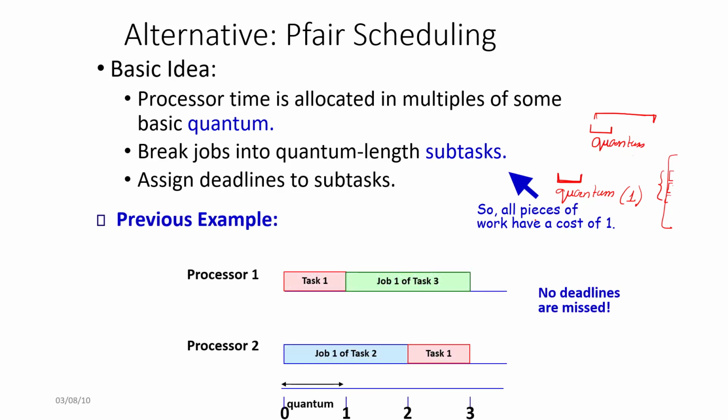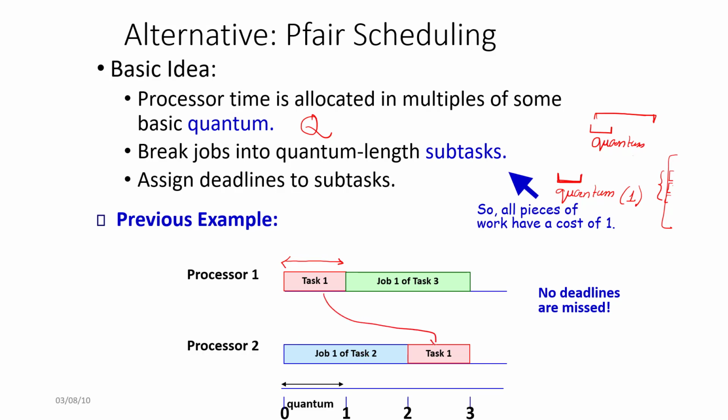So in the previous example, we can split task 1 like this. Given that we are using migration, we first run task 1 for some time, which is a multiple of the quantum. Let's call it q. And at the same time, processor 2 is running job 1 of task 2.